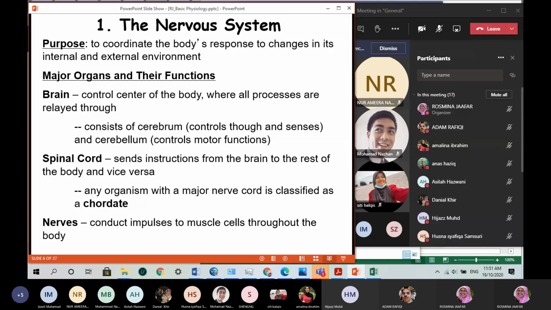But for your nerves, no. You only use a specific nerve for sending information towards the brain, and a different nerve for sending information from the brain to the organ. So you have sensory nerves and motor nerves, two different nerves.